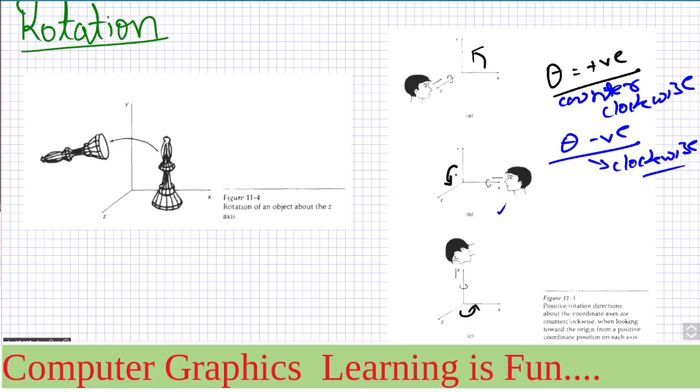in that case, y to z. If you are keeping y, then the angle will be z to x. Now having understood this, let us start with this example where we are performing rotation about the z axis.